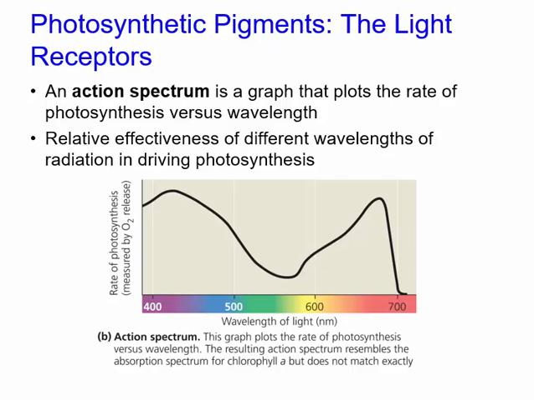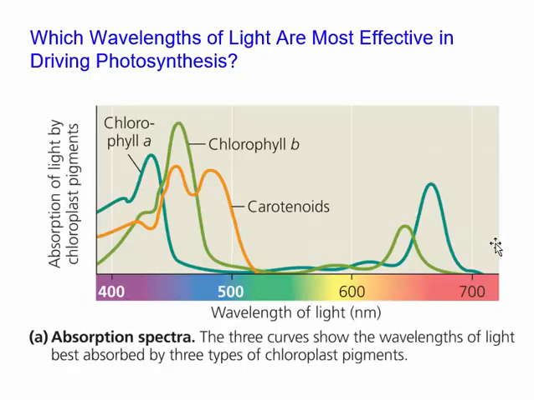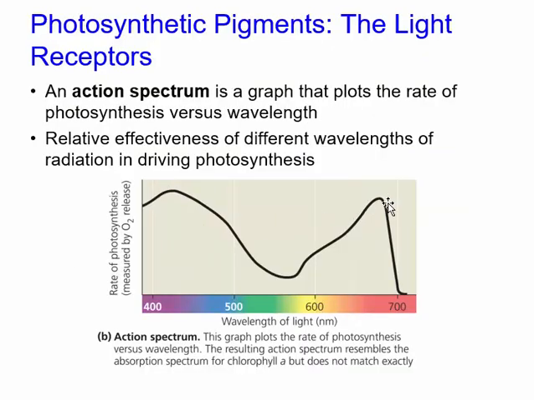This is looking at rate of photosynthesis, as measured by O2 release, at different wavelengths of light. So again, it looks pretty good in that purple and blue, as we might expect by the absorption. We can jump back here. Here's also absorption out toward the red, and photosynthesis looking pretty good there too. Photosynthesis isn't very effective. There's a bit, but it's not as good in these green and yellow wavelengths.